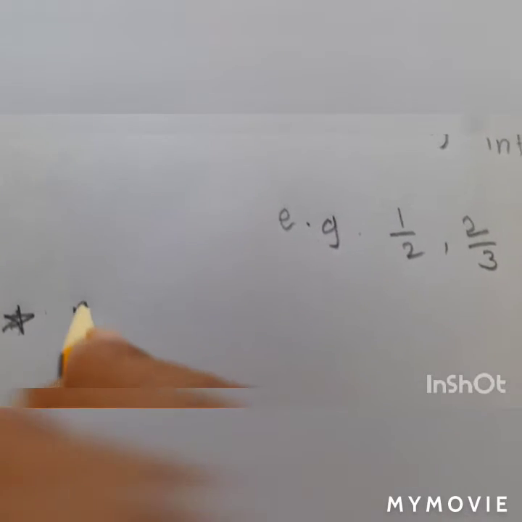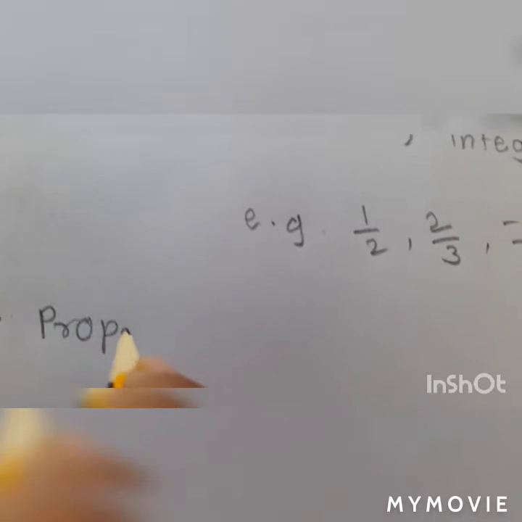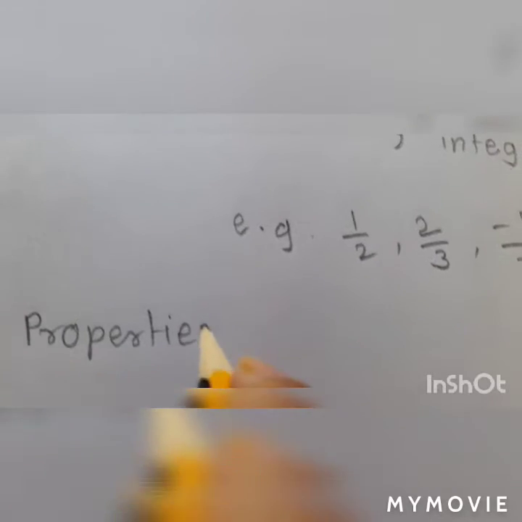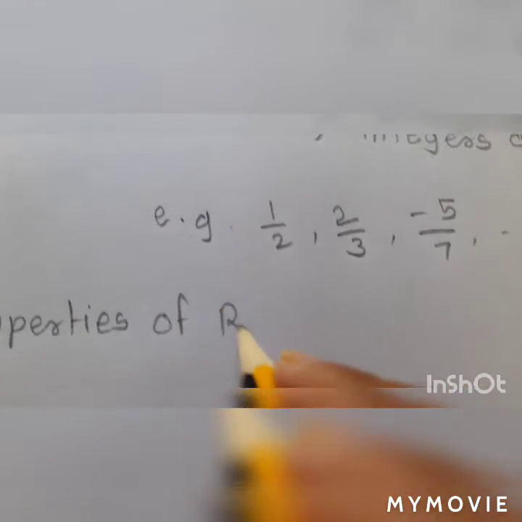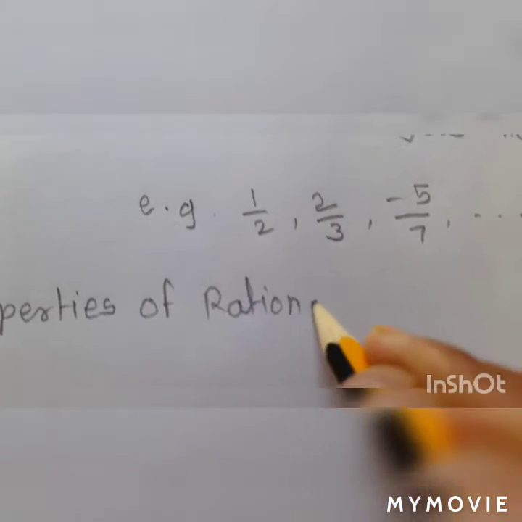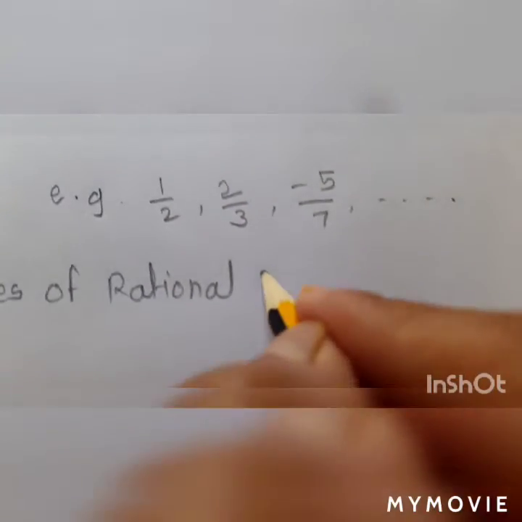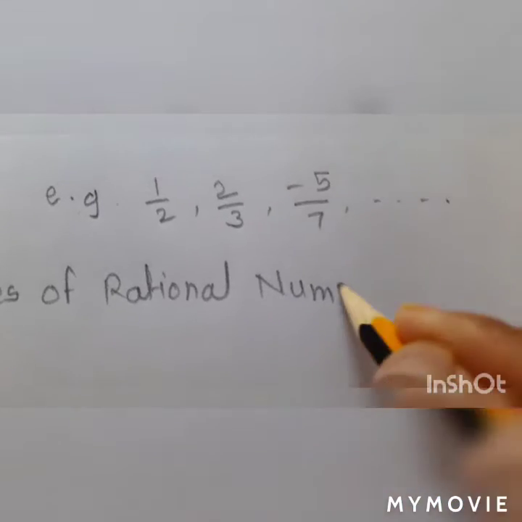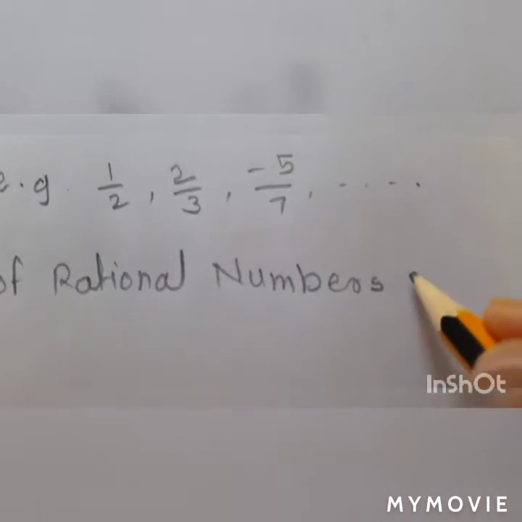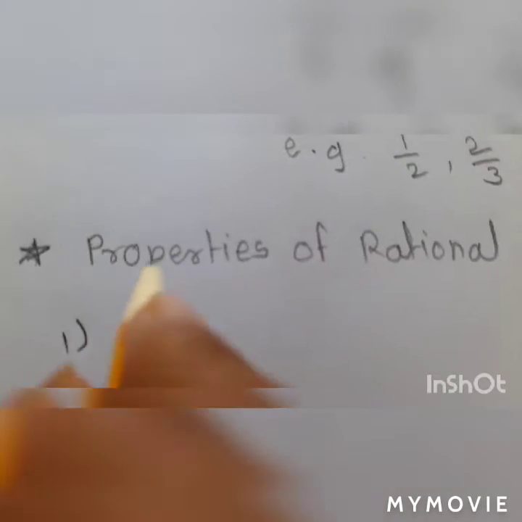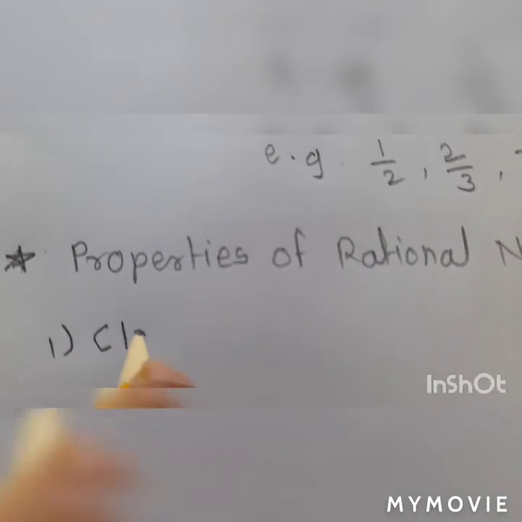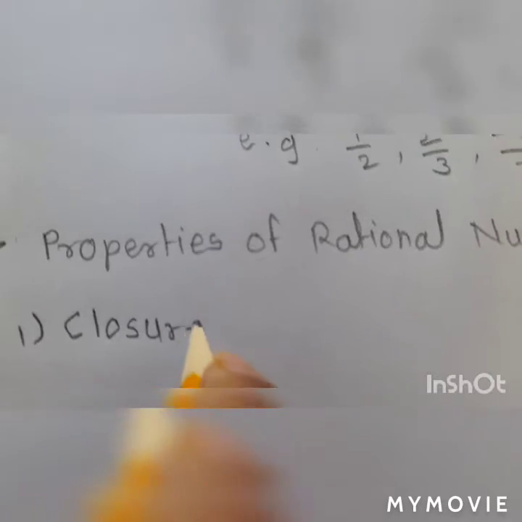Let us see the properties of rational numbers. We have to check the rational numbers on these three properties.